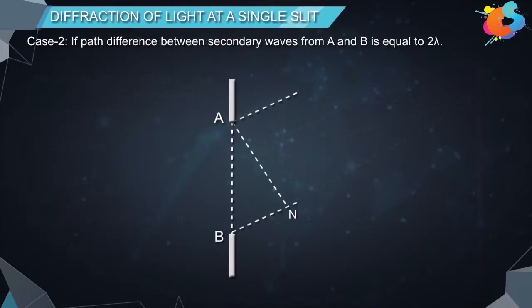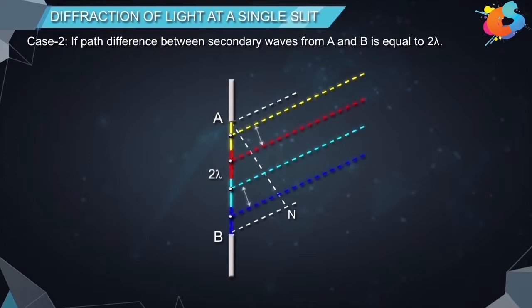If the path difference between secondary waves from A and B is equal to 2 lambda, in this case, the wavefront AB can be divided into 4 equal parts. Now, every point in a part will have a point in its adjacent part, for which the path difference is 2 lambda by 4 or lambda by 2.